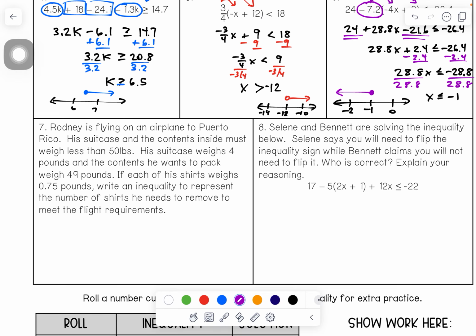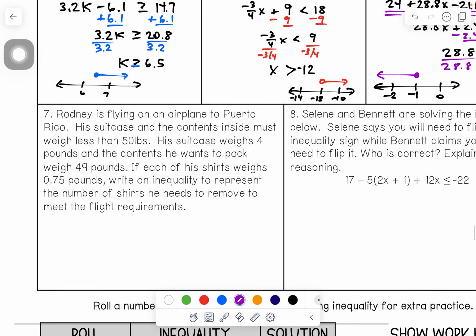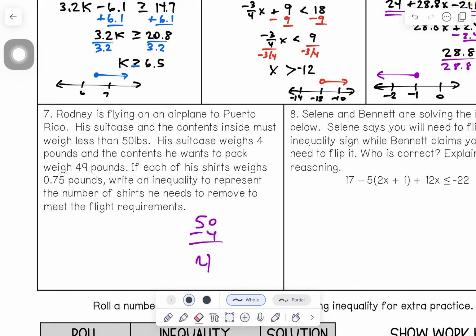All right, so what he has, let's see here, his suitcase weighs 4 pounds and the contents he wants to pack weigh 49. So if we take the 50 minus 4 for the suitcase, that means he has up to 46 pounds to spare. So whatever he does here for shirts has to end up being less than or equal to 46.